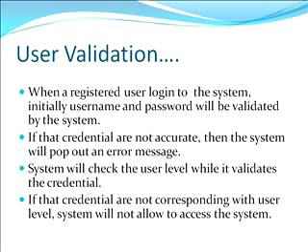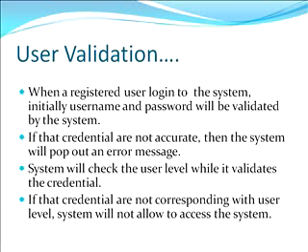When a registered user logs into the system, initially he has to enter the username and password, and these will be validated by the system. If the username and password are not accurate or are mismatching, the system will pop up an error message. While validating the username and password, the system will also validate them against the corresponding user level.